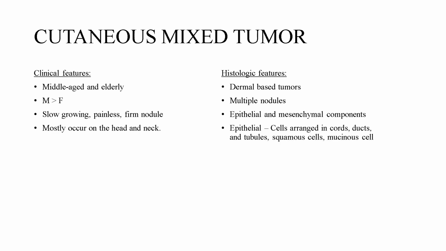Epithelial components could be in the form of cords, ducts, tubules, then squamous cells and mucin secreting cells. And the mesenchymal component may be fibrous tissue, fatty tissue, cartilaginous tissue. So it's a mixture. That is why it's called a cutaneous mixed tumor, because we find a lot of overlap, a lot of components.